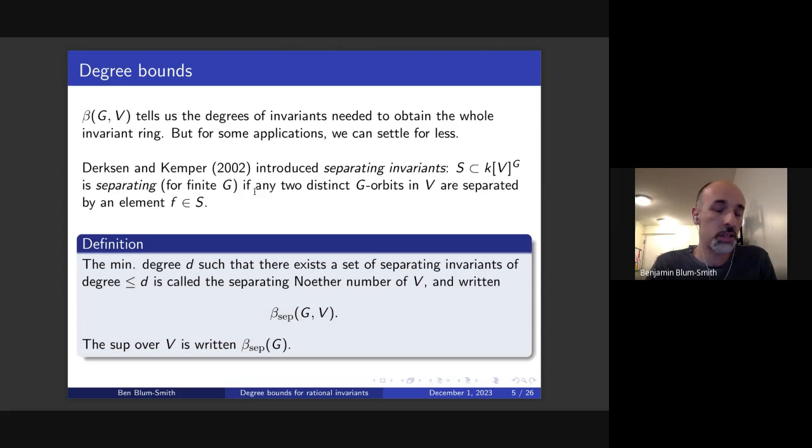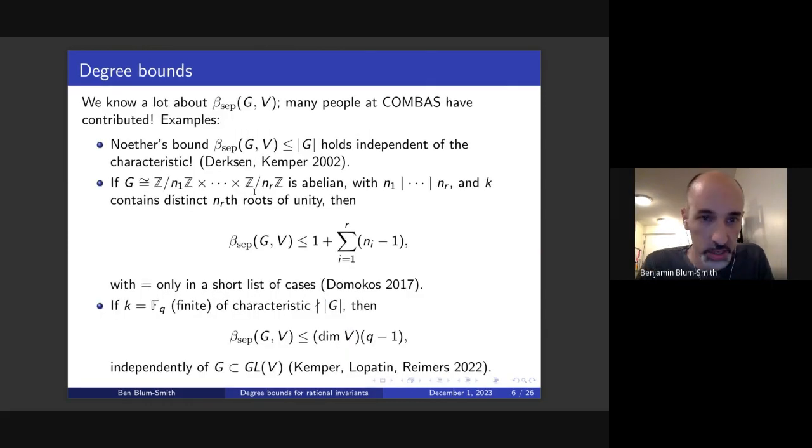So in the last 20 years, there's been a research program to study what that does to the question of degree bounds. How high degree do you need to go, not to actually generate the ring, but just to separate orbits? Maybe it's lower. And here is a smattering of results that we know from the last 20 or so years on that. Again, all the names on this slide are basically people at this conference.